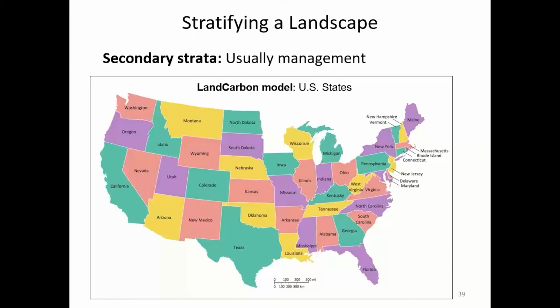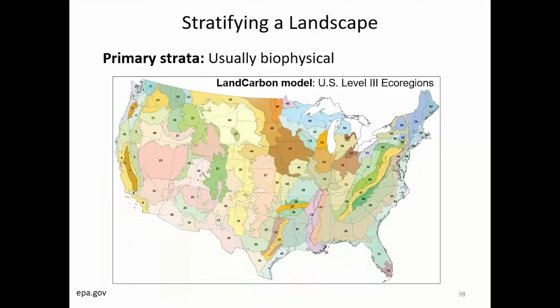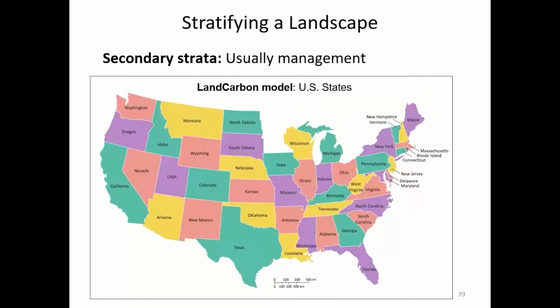So typically jurisdictional. Again, in this modeling example, we're on a very coarse scale. We're running the entire U.S. These are U.S. states. If we go back one, if you're modeling a tiny little area, maybe 40,000 hectares, this could be generated off of soil and moisture conditions. That's a very typical sort of thing to use to drive your strata.